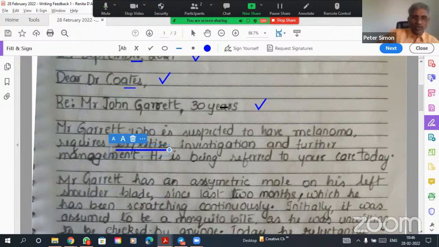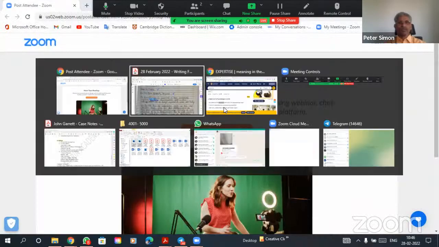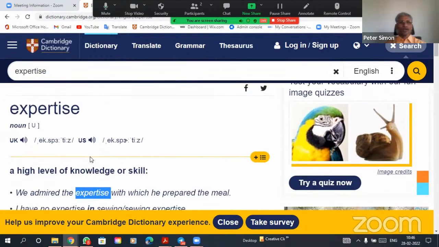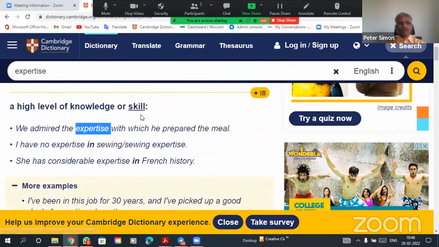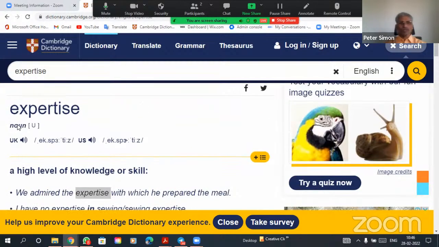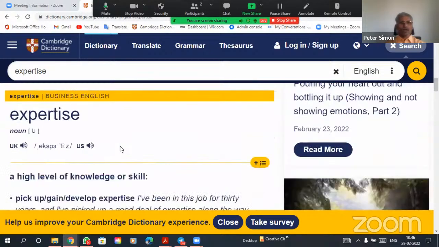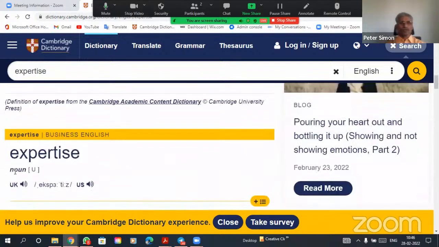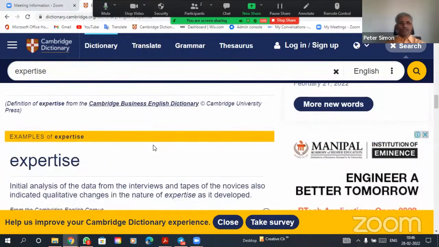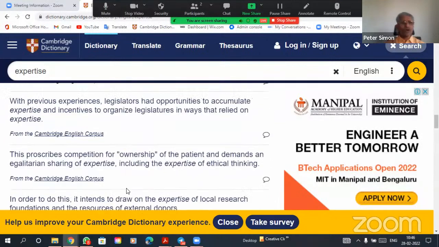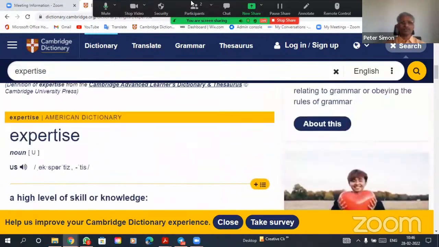It requires expertise is a very good word, no doubt. A high level of knowledge or skill. But it is a noun. So wherever it is a noun, why are you using it as an adjective?